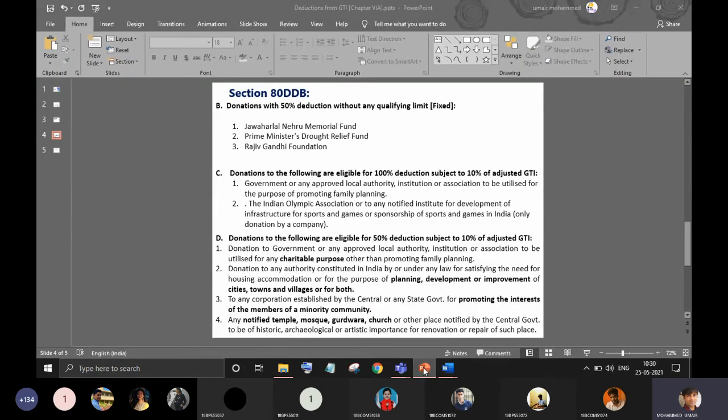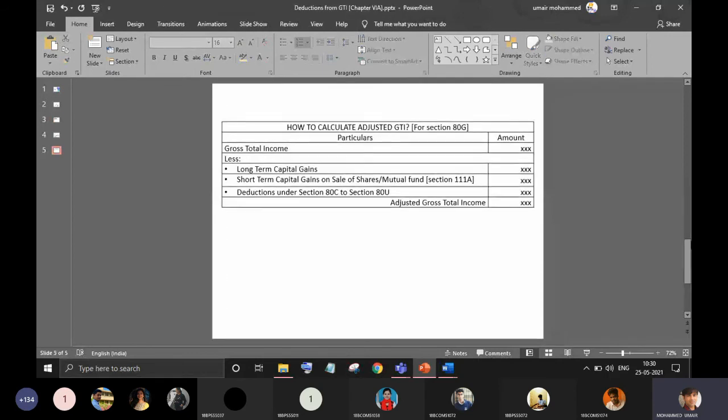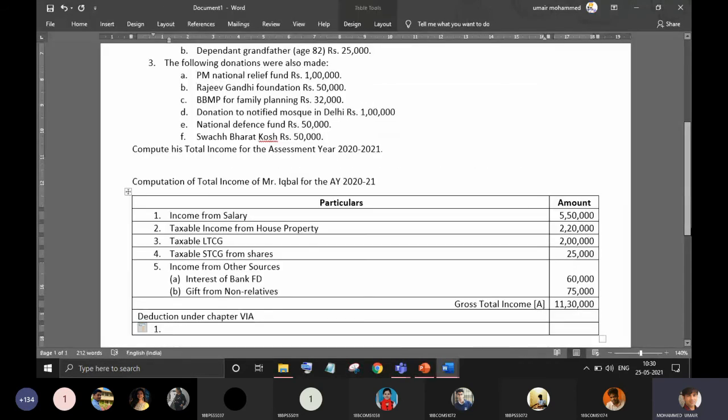Prime Minister's National Relief Fund doesn't come here, so obviously it will be category A. It belongs to category A, which is qualifying for 100% deduction.